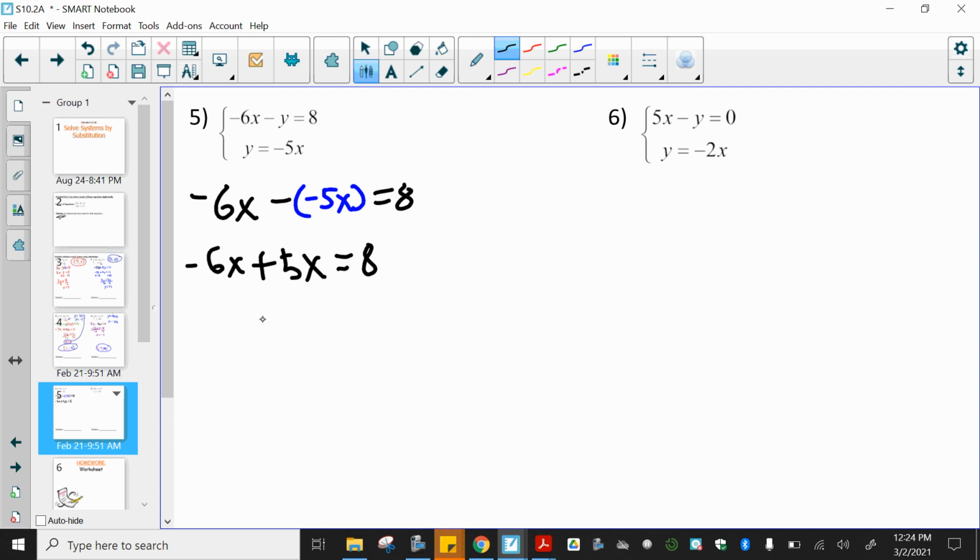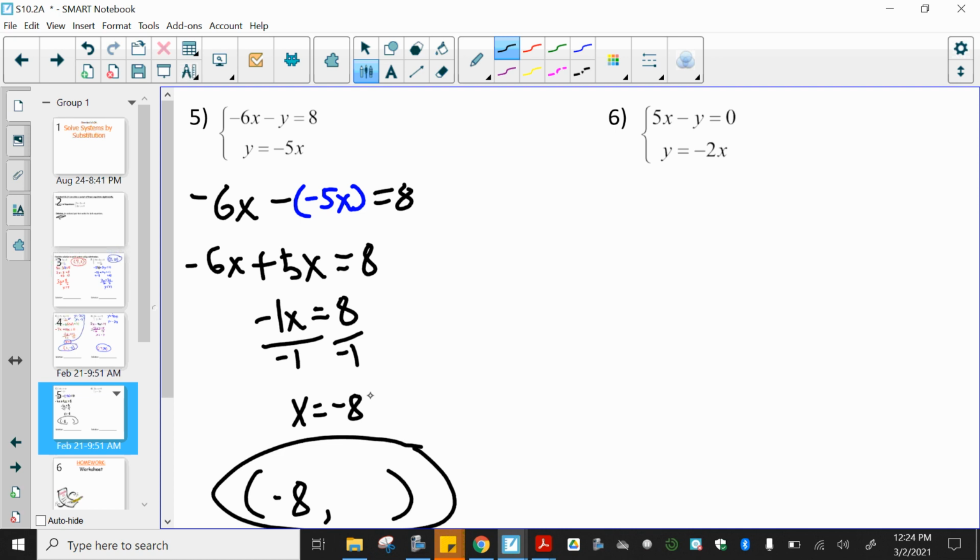Negative 6x plus 5x would be negative 1x equals 8. Divide by negative 1, x equals negative 8. That's the start of it, right? I just have to finish it. So I'm going to take that in and plug it up here. Y equals negative 5 times negative 8. Y equals 40.